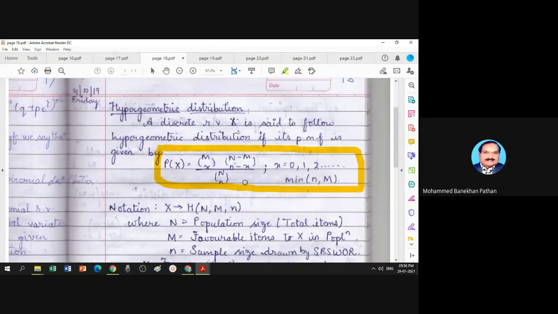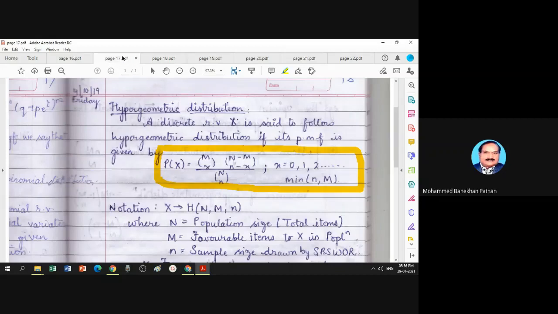You can see if I add these numbers M plus N minus M, minus M cancels with plus M, so you get capital N. Similarly, if I add these values x and n minus x, you get small n. So the denominator is the addition of corresponding values in the numerator combinations.